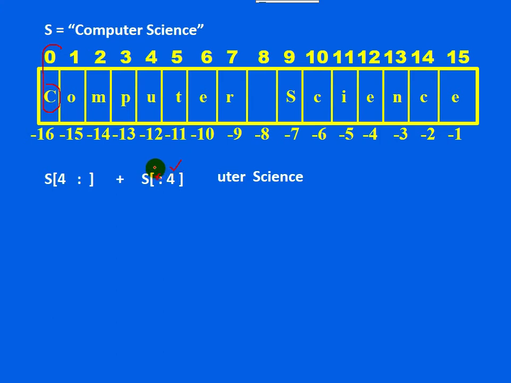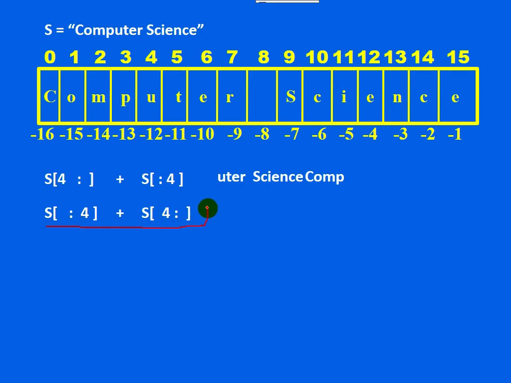So all the characters starting with index 0 to 4 minus 1, 3. So this substring is returned as the answer by this statement. Let me write the substring here. This substring is concatenated with this substring, so your final answer is this. And certainly it should be inside double quotes or single quotes.